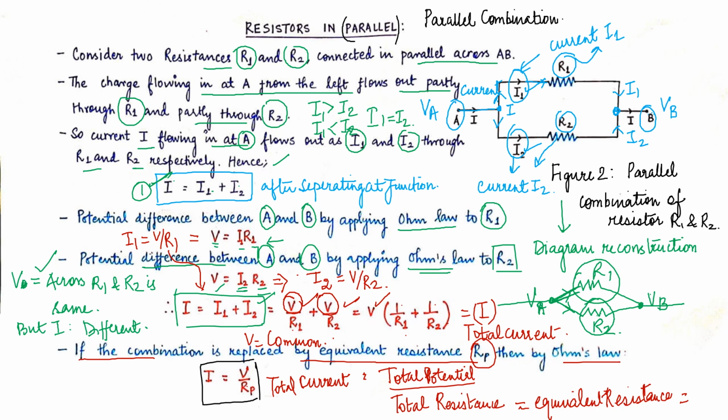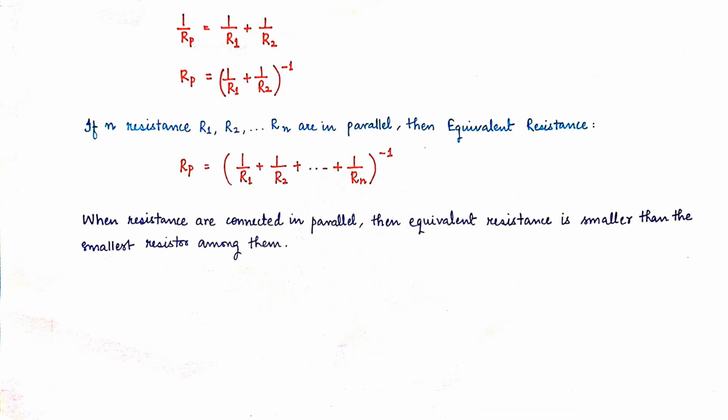Now from here we have got I. We will substitute this equation in place of I. Now let's see the results. We will get 1 upon Rp equals 1 upon R1 plus 1 upon R2. See, I equals V upon Rp, and the previous equation was I equals V into 1 upon R1 plus 1 upon R2.